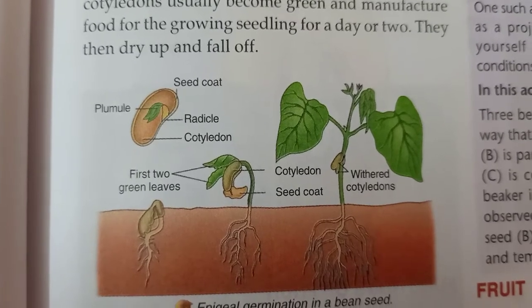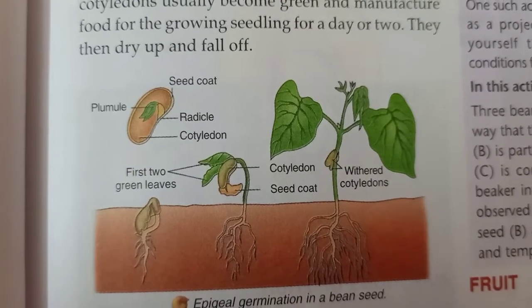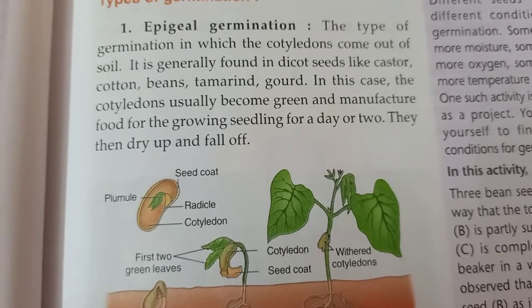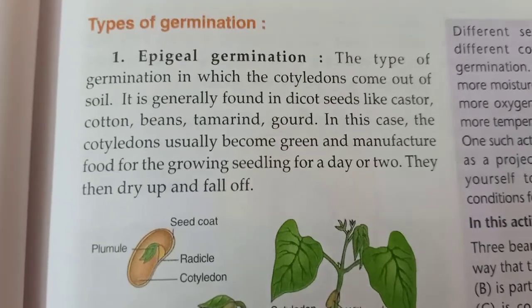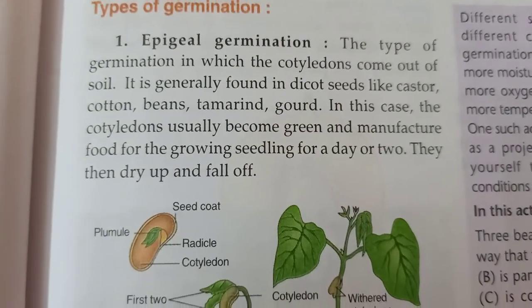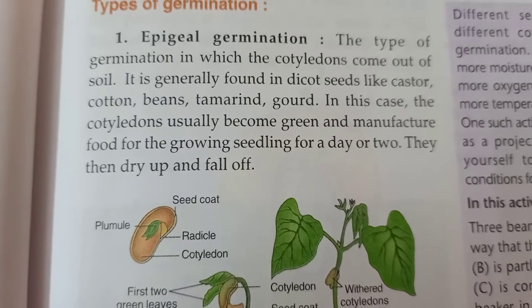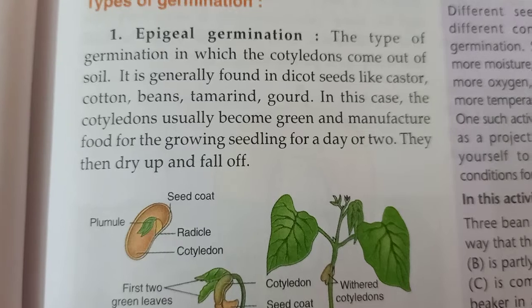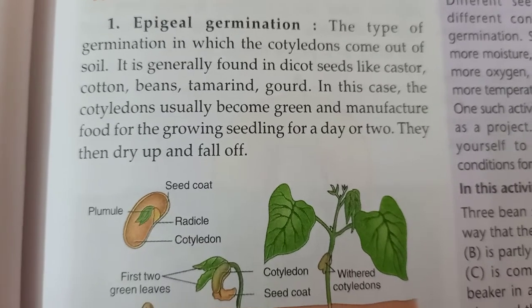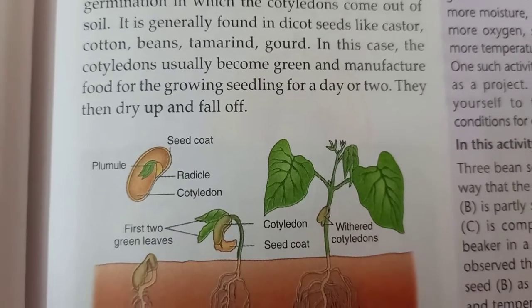So this type of germination is known as epigeal germination, and it is generally found in dicot seeds like castor, cotton, beans, tamarind and gourd. So these are the examples in which epigeal germination takes place.